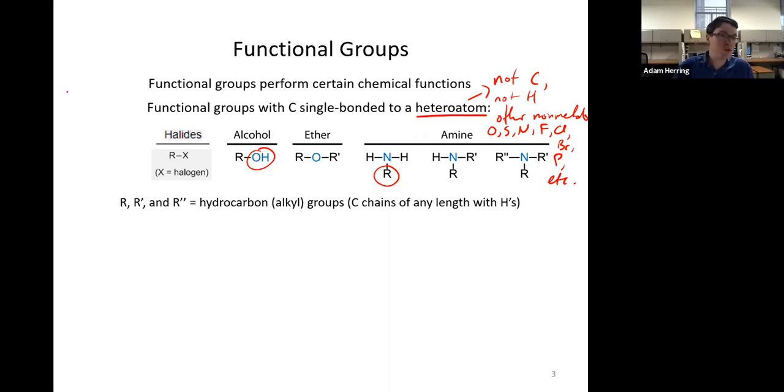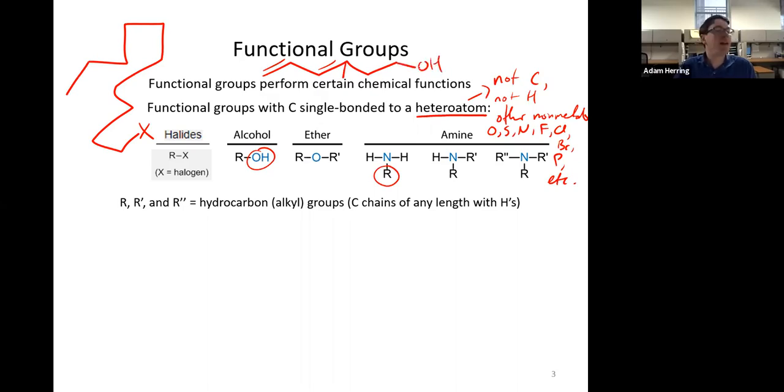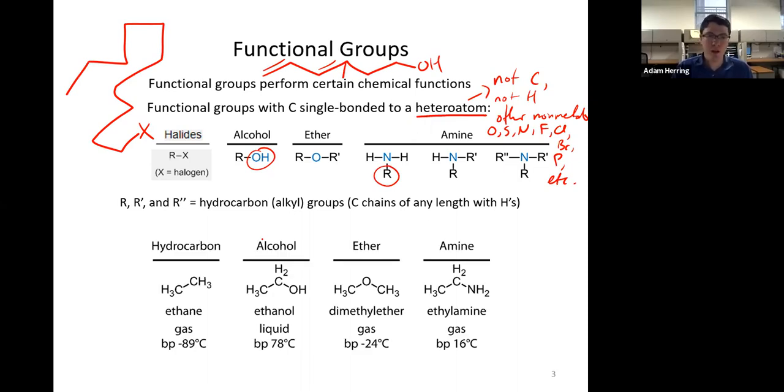So you could have a structure that looks like this, and then we have a halogen on the end of it, and this is a halide. Or you can have something like this with an alcohol group on the end. That's an alcohol.